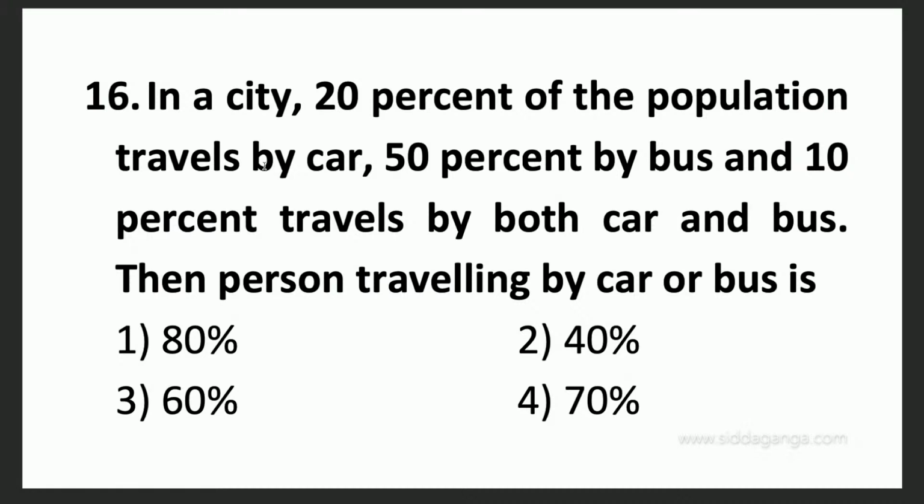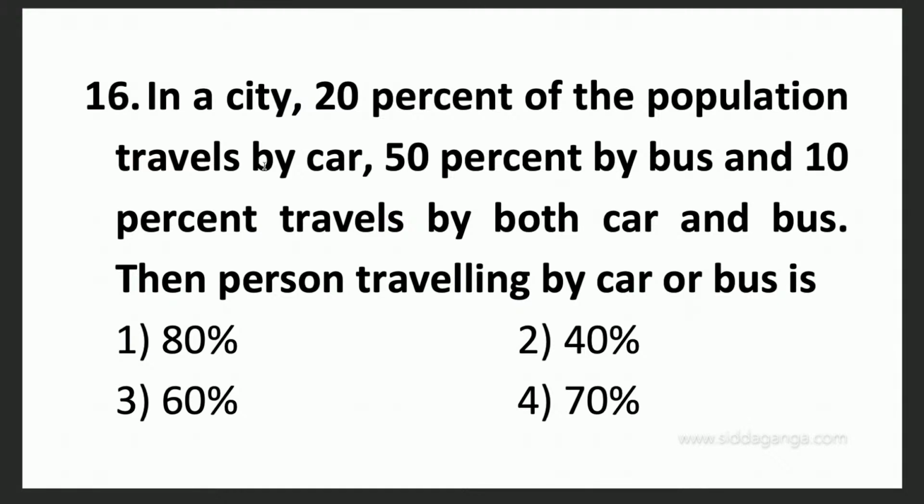In a city, 20% of the population travel by car, 50% travel by bus, 10% travel by both car and bus. The person traveling by car or bus in a city, 20%.